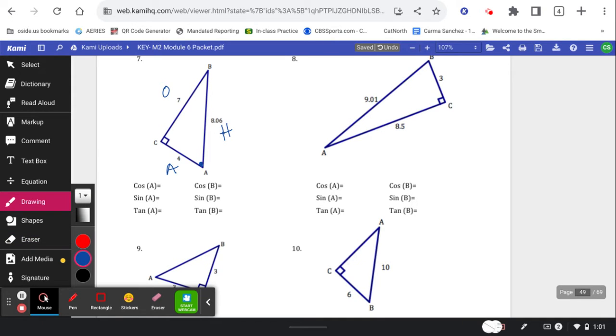Okay, so the cosine of A would be 4 over 8.06.